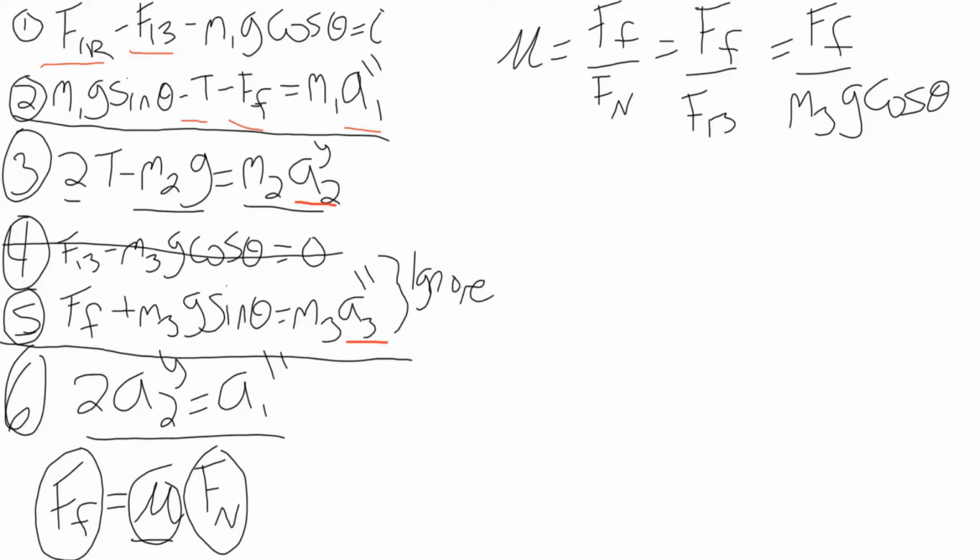I just want to use these other equations besides the ones related to m3 for now. Maybe I'll end up needing it, but probably I won't. Okay, so the force of friction, using equation 2, is m1 a1 parallel plus t minus m1g sine theta.